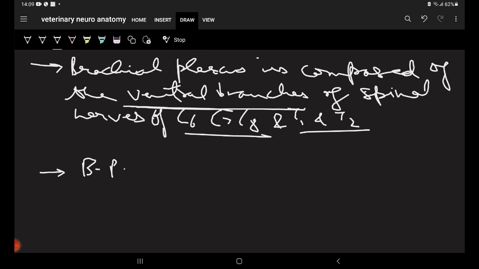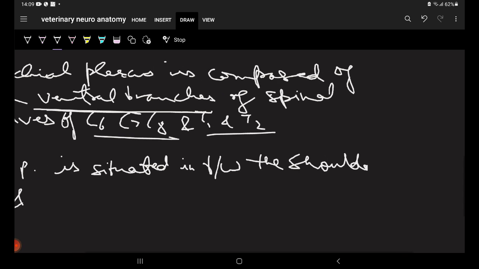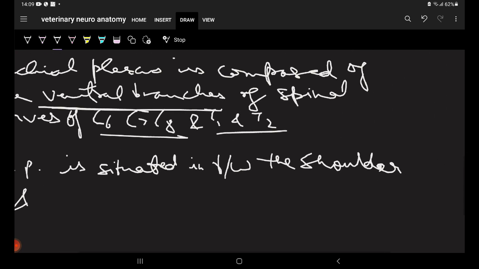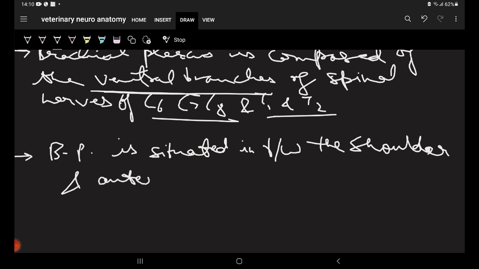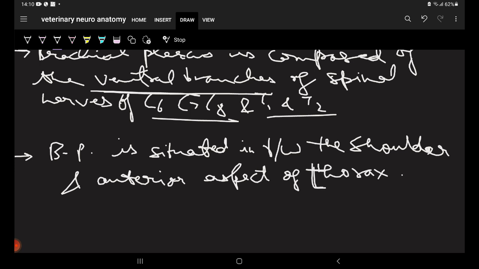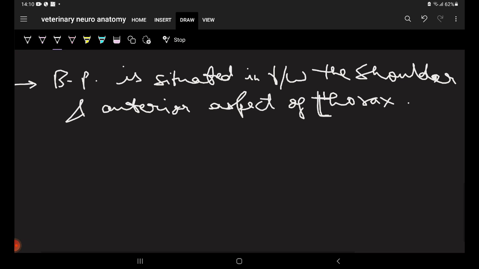So the brachial plexus is situated or located in between the shoulder and the anterior aspect of thorax. Okay, it is easy. So this is the exact location of the brachial plexus.